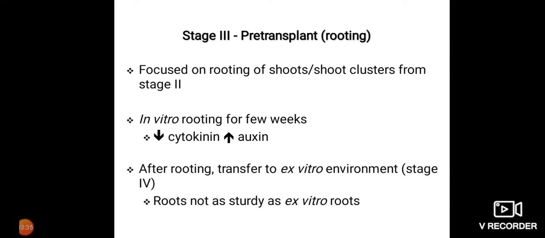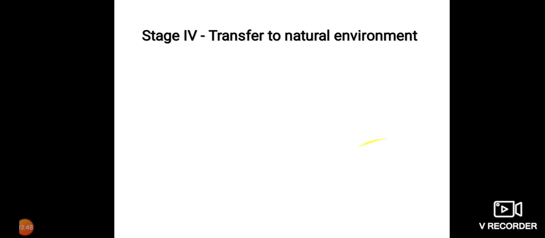First, increasing cytokinins and decreasing auxin gives shoots, and then increasing auxins and decreasing cytokinins gives rooting. Once the root has developed, they go to the next step.